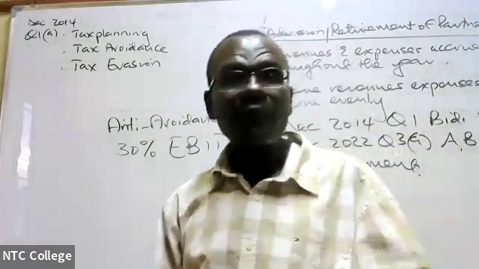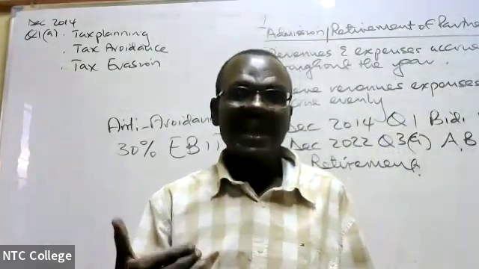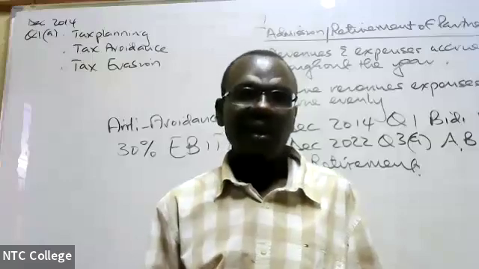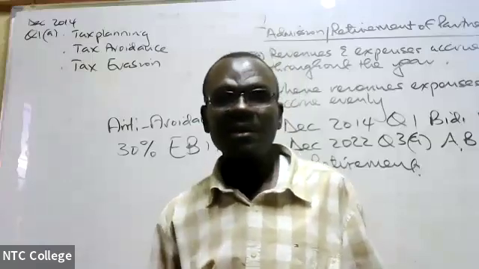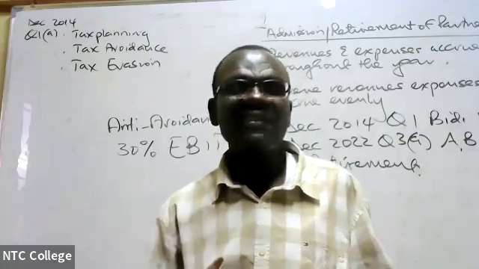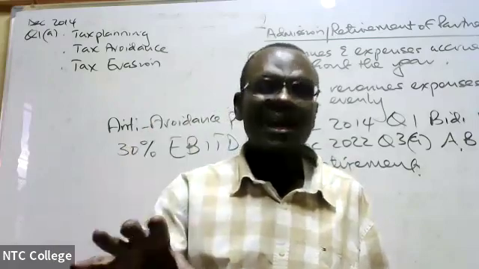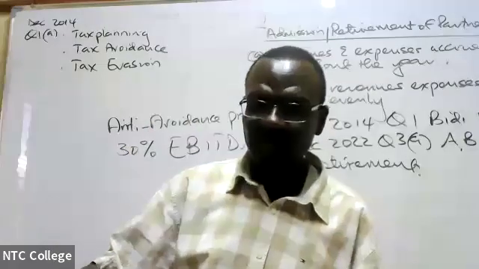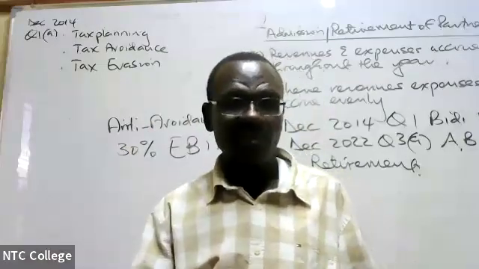Another example of avoidance is where in a family business, you employ directors who are relatives, like the wife, the husband, the child, the daughter. Then they pay them excessive salaries with the plan that it will be charged in the P&L to reduce their income. That is avoidance.